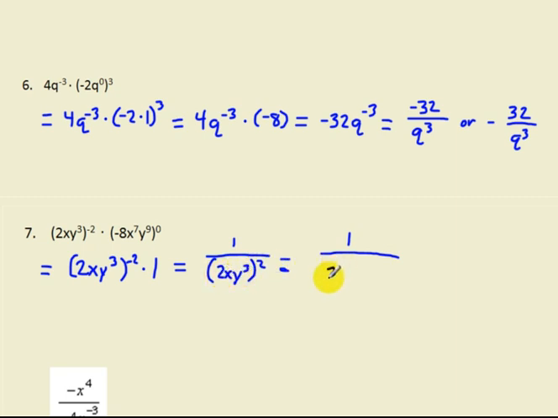So this is going to be 2 squared, and then x to the 1 times 2 power, we have the power of powers here, times y to the 3 times 2 power, which gives us 1 over 4x squared y to the 6th. Okay, so we have all positive exponents there.